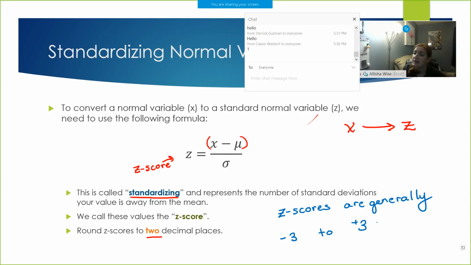It can be larger than that or smaller, but it's not as likely. So unlike probability, where you're always going to get a decimal, Z scores can be 0.89, but they could also be 3.1 or 2.6 or something like that. So that's generally what you're going to get for Z scores.